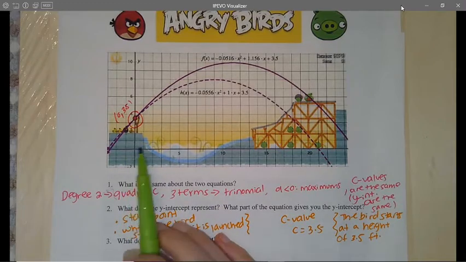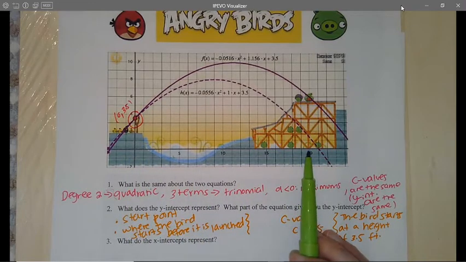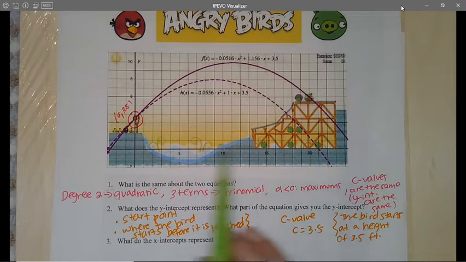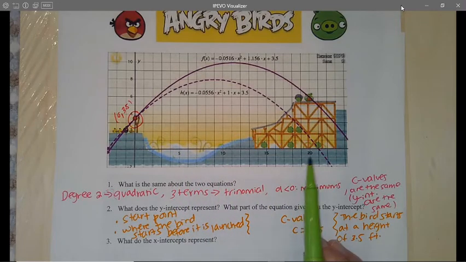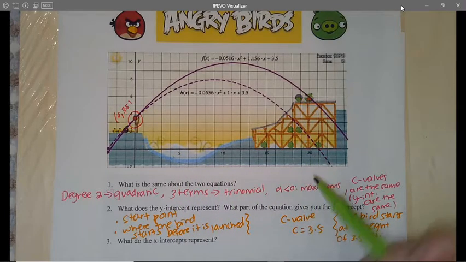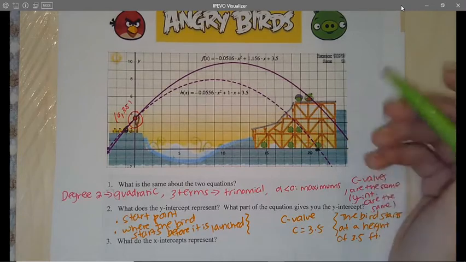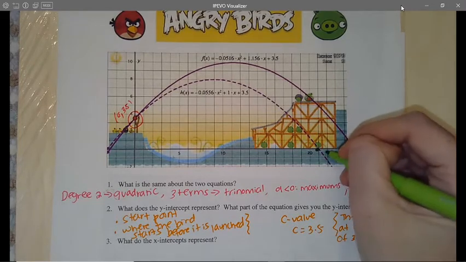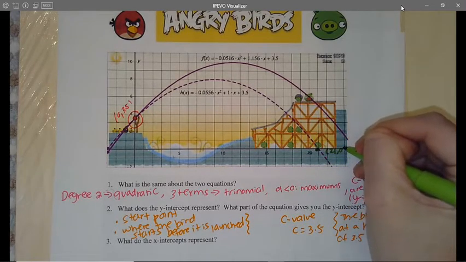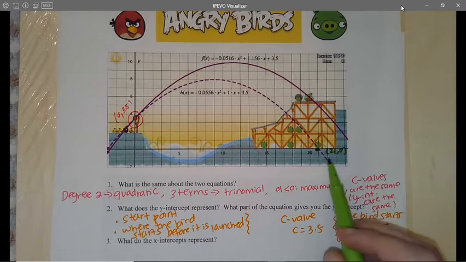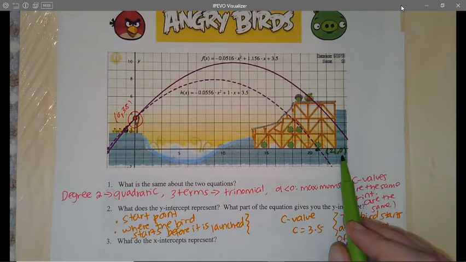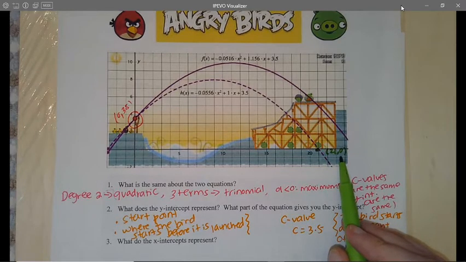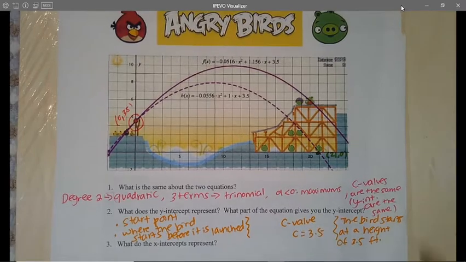So looking at that, this represents the horizontal distance. So the x-intercept would be, well, how far over was the bird when it hit the ground? Because this point, for example, is at the point 21, 0. So this would mean the bird flew 21 feet. And I know this is when it's hit the ground because y represents the height. So if the height is 0, that means that's when the bird is on the ground.